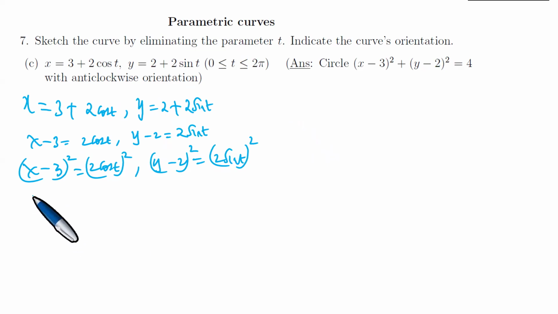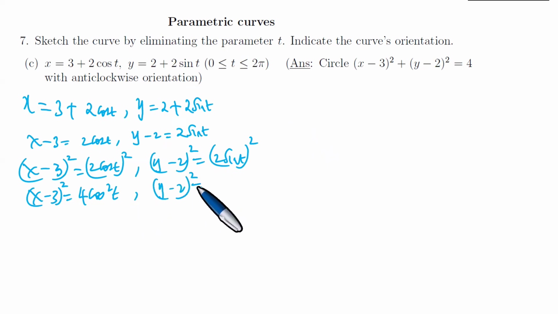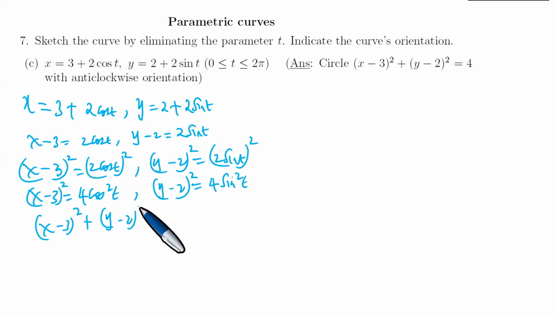And then you have x minus 3 squared, you square 2, you get 4 cosine squared t. Y minus 2 squared is 4 sine squared t.